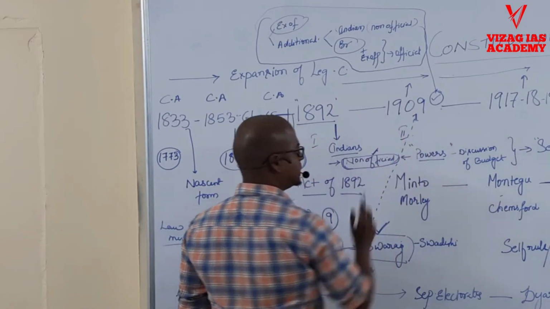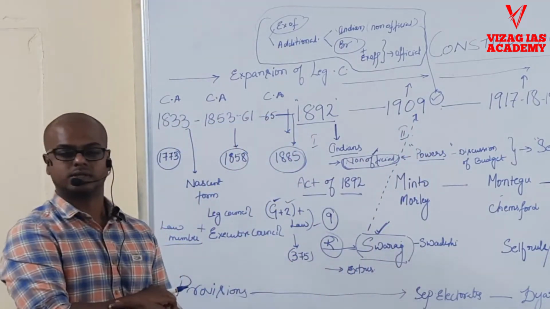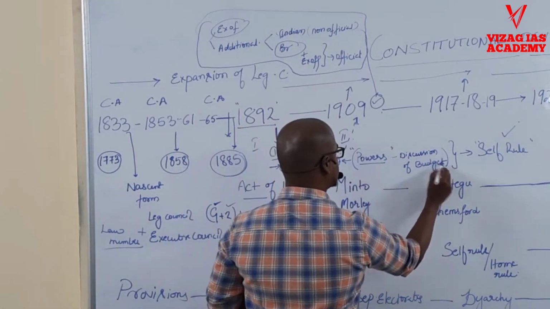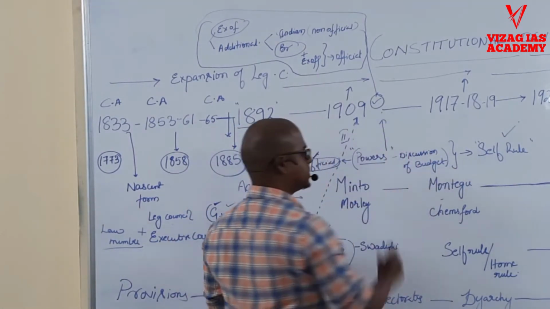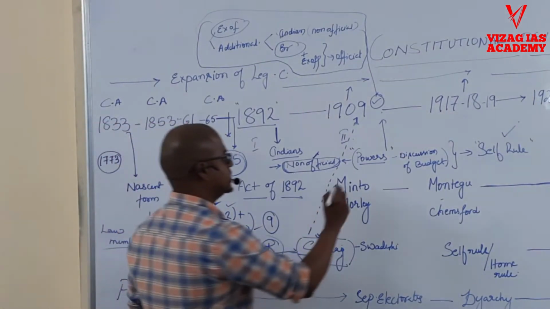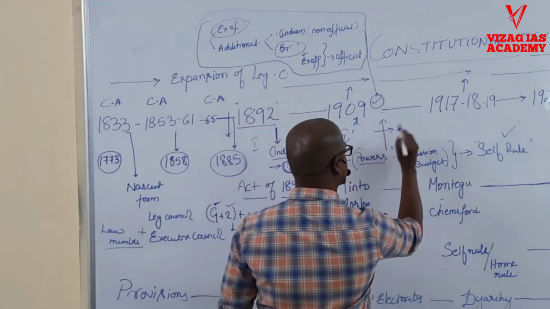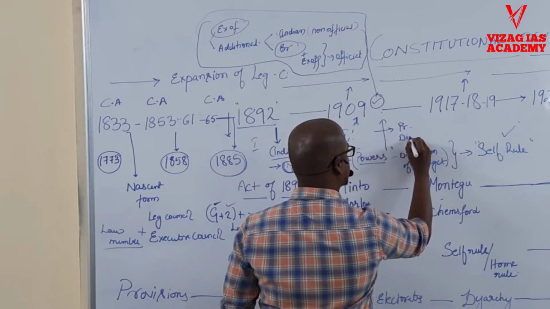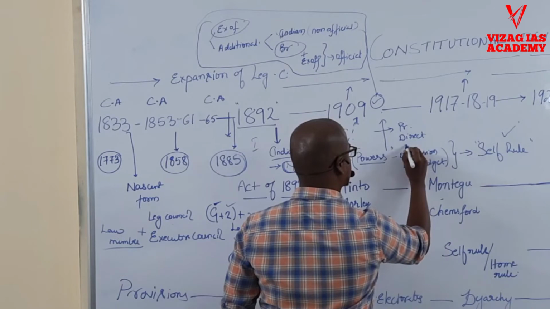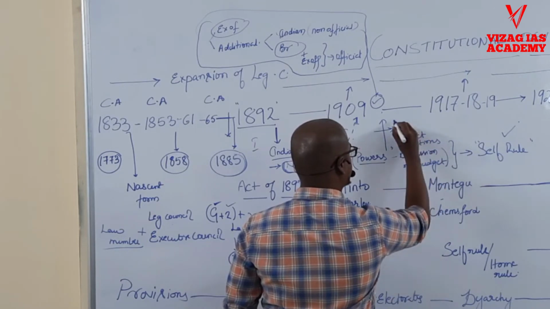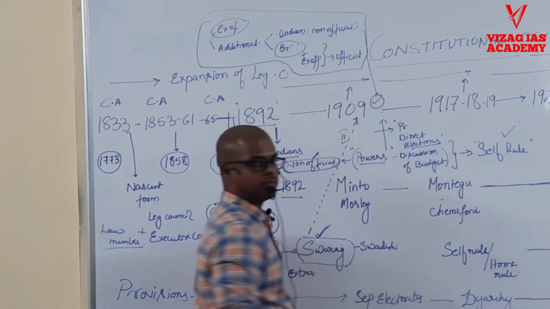So we will see that expansion of the non-official members, and we will also see a certain increase in the powers. And then we will also see the principle of direct elections. Fine.